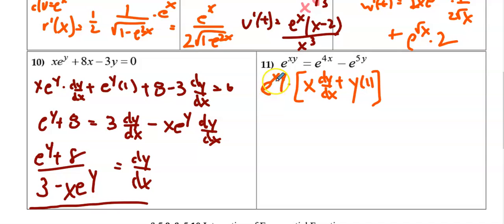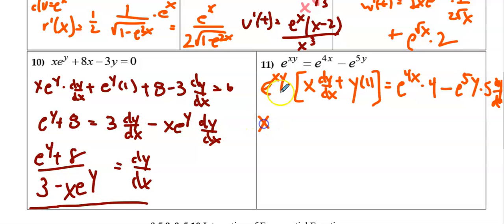So e to the xy is being multiplied by both of these pieces, is equal to e to the 4x times the derivative of 4x, which is 4, minus e to the 5y. So the derivative of e to the 5y is e to the 5y times 5 dy dx. And I wish I could write a little bit smaller, but it is what it is.